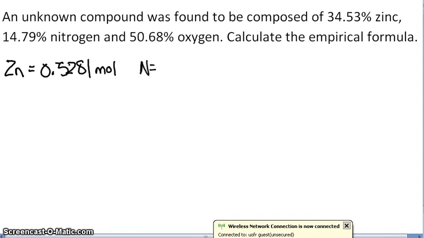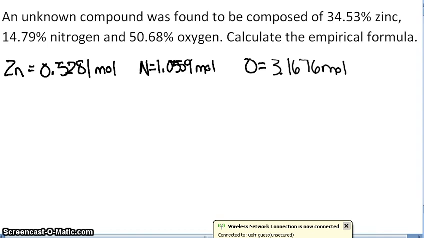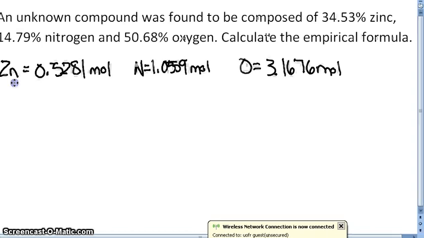Nitrogen has 1.0559 moles. And oxygen has 3.1676 moles. Now we look at our moles here and we find the smallest number of moles, which is our zinc.